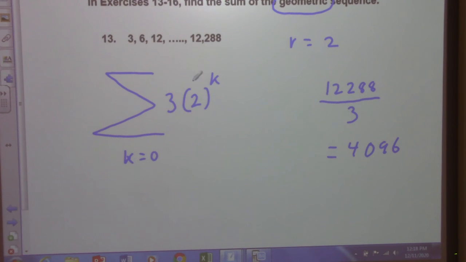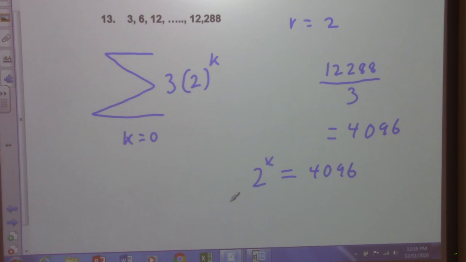So what we have is 2 to the power of x is equal to 4096. Okay, 2 raised to what power equals 4096? So what you could do is work it out. You can say log base 2 of 4096 is equal to x.